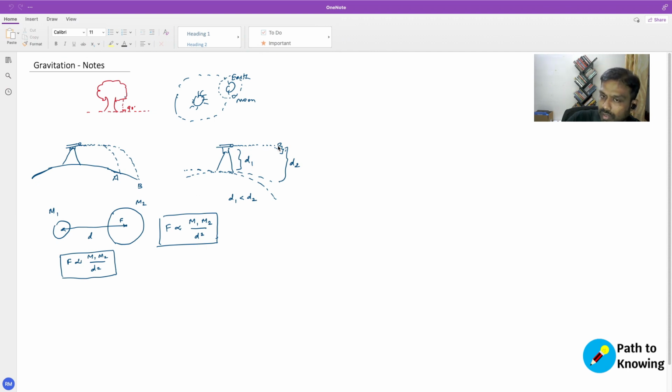Many years after Newton proposed this, it was experimentally validated in a lab setting, which meant that your whole equation becomes: the force can be equated through a constant, let's call it G, M1 M2 by D square, and this G is called the universal gravitation constant.